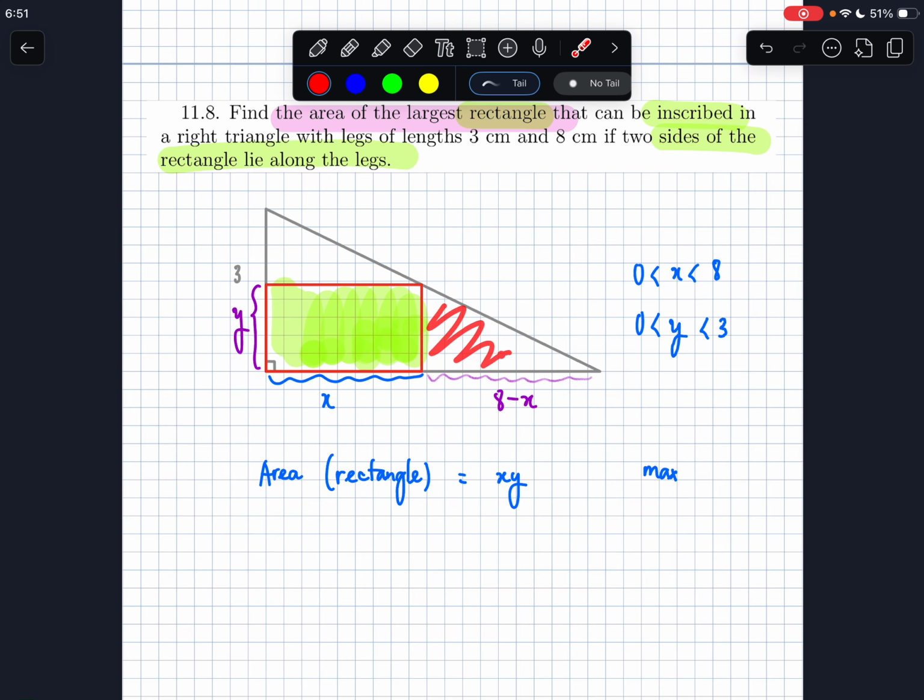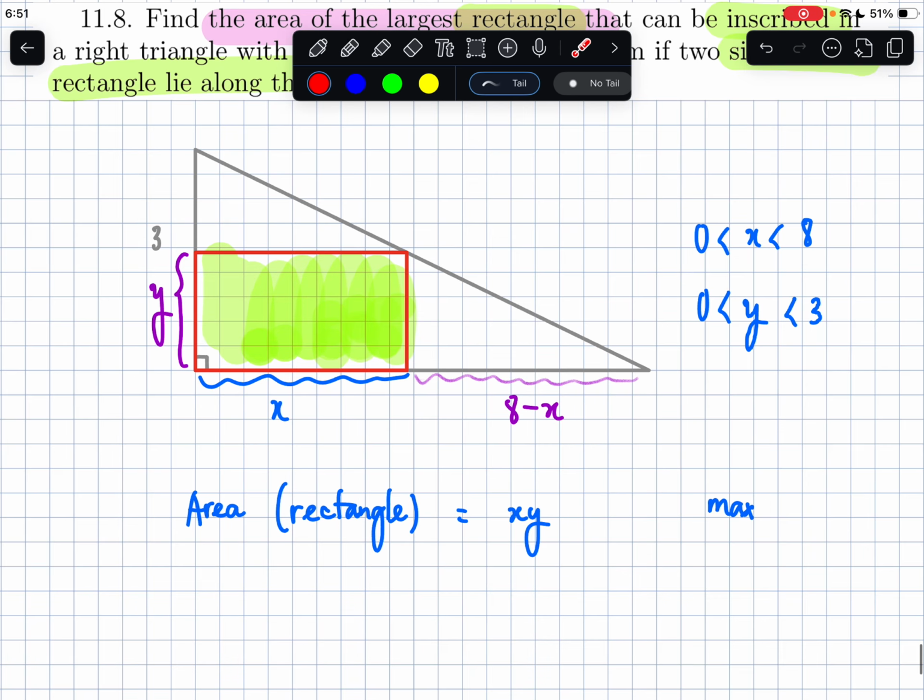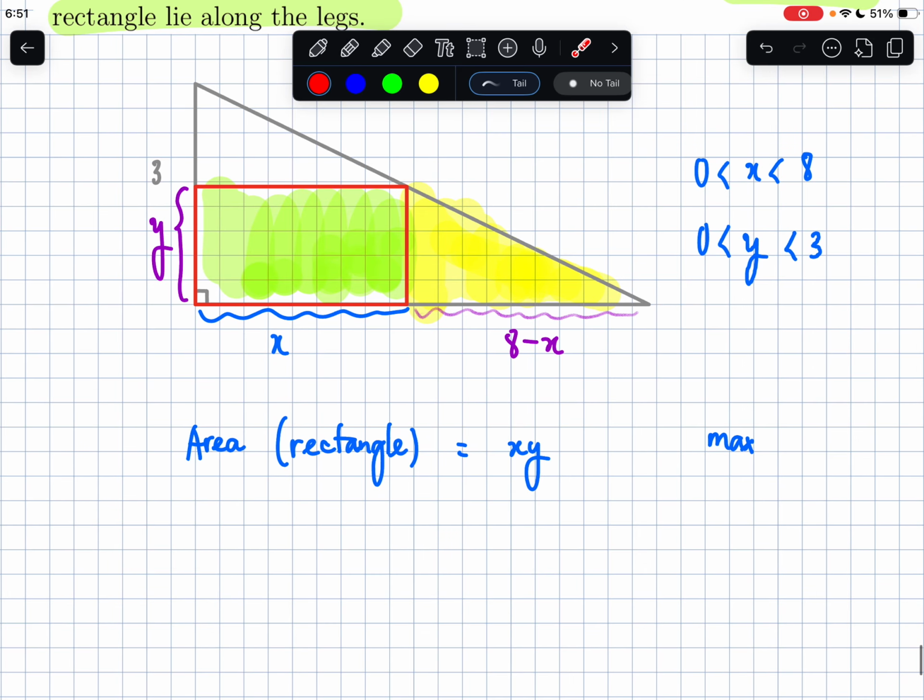Look at this right triangle. It is similar to the bigger right triangle. The right triangle I'm talking about is the yellow one, and the original right triangle. They are similar. This is 90 degrees.